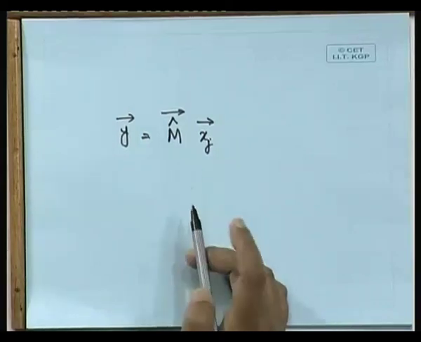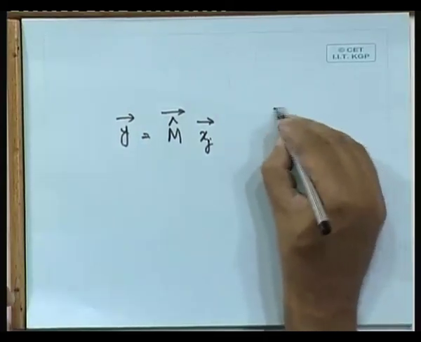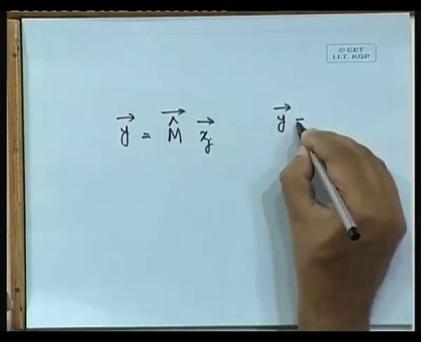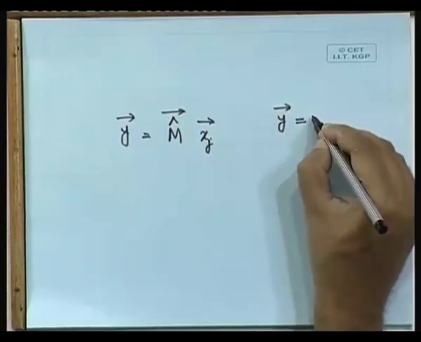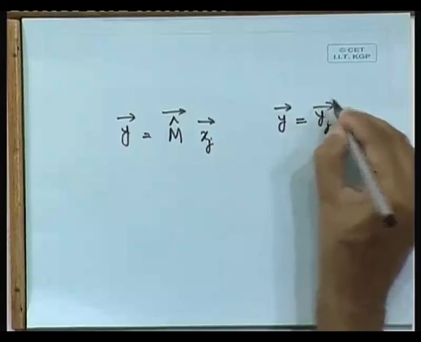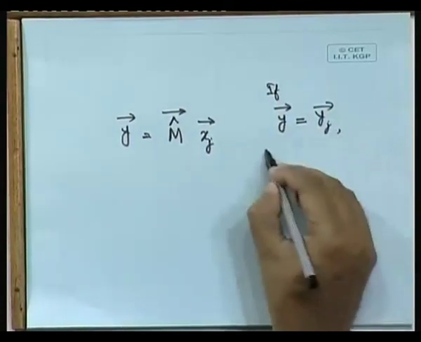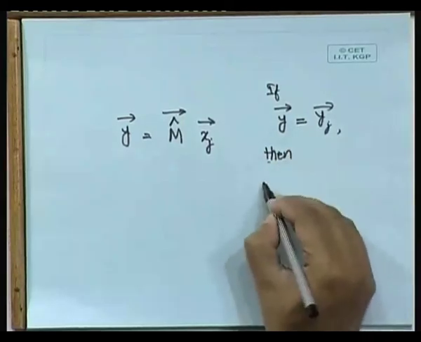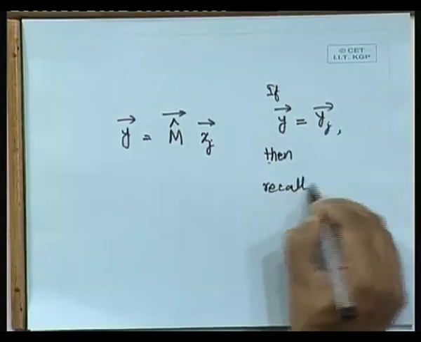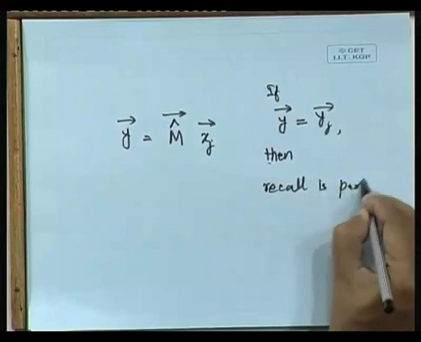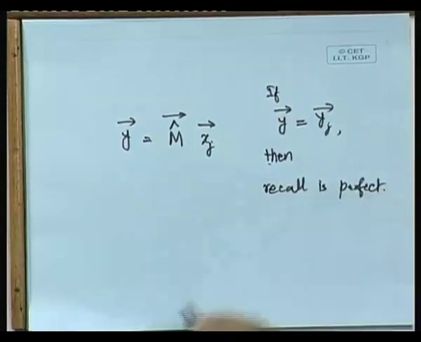Now, what I should ideally have is that y vector is equal to yj vector. If y vector is equal to yj vector, then I can say that the recall is perfect. Is that understood? All of you agreed?